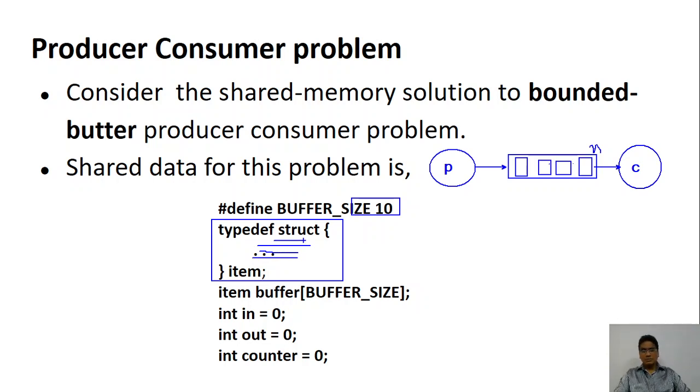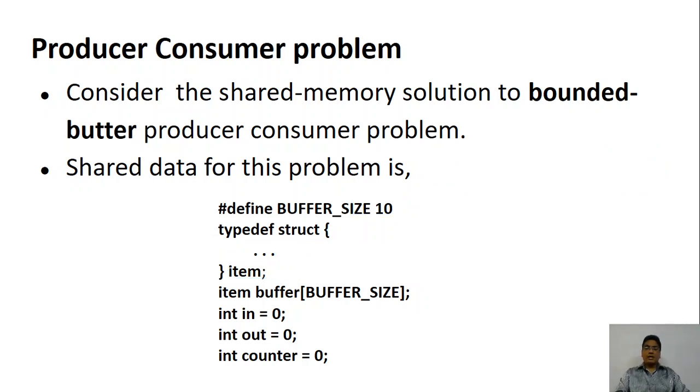What is important to us is that it produces an item. The items are placed in the buffer, so the producer produces an item and places it in the buffer. Two pointers are required, because the producer must know the next position where the item has to be placed.